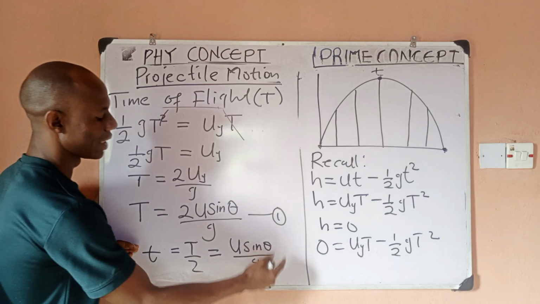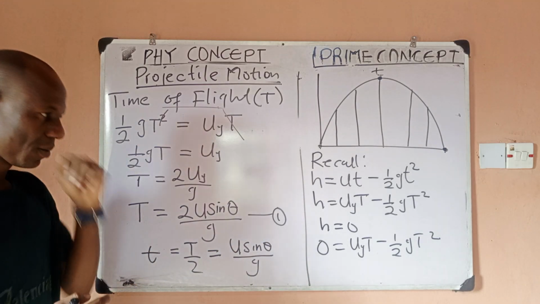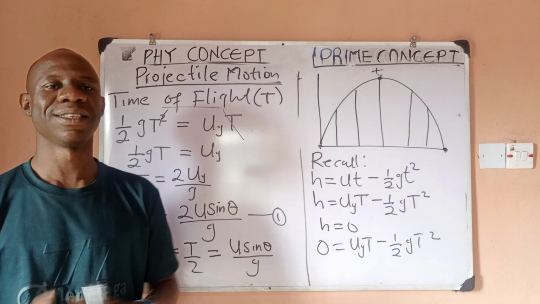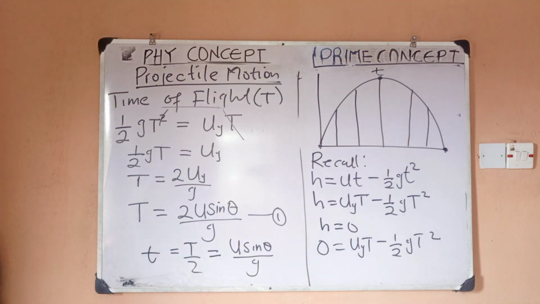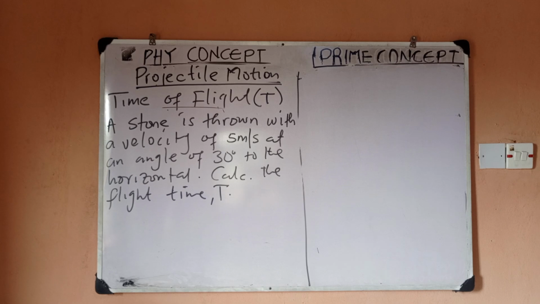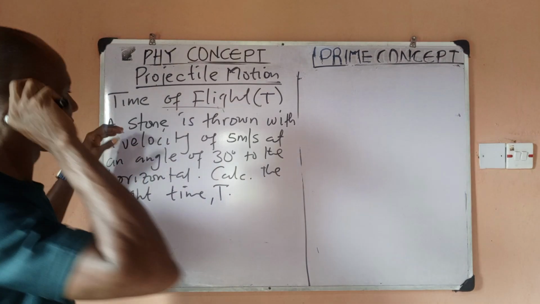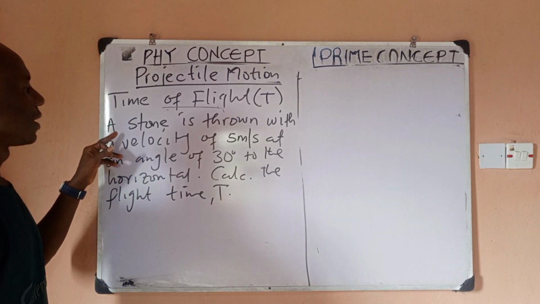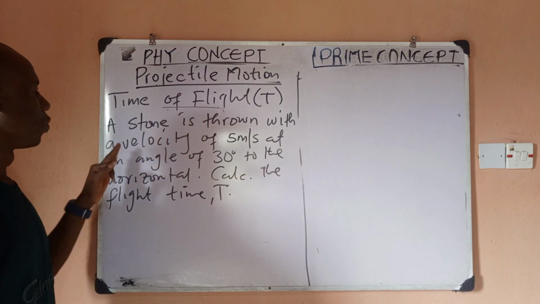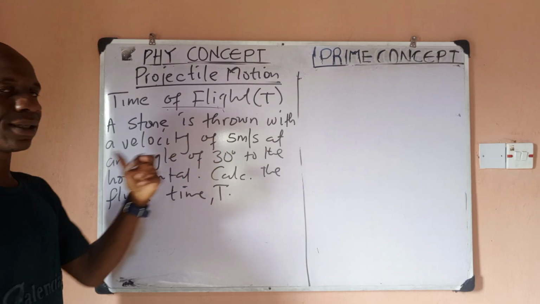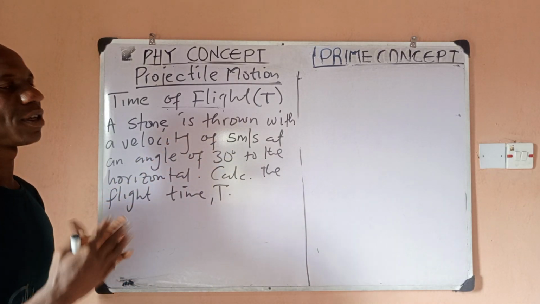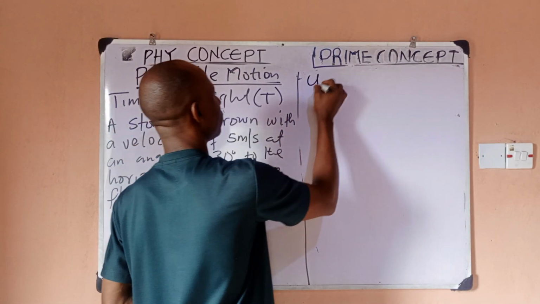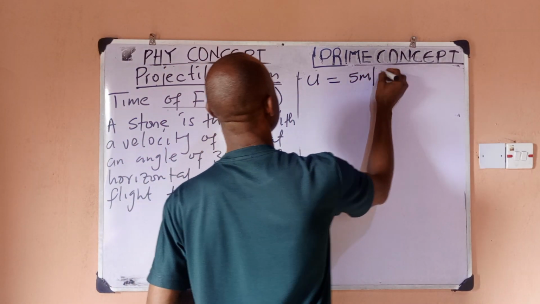So we're going to take one example in this video so that we can understand this concept. Let me drop the question. Alright, so we have this simple question to illustrate what we have learned. The question says, a stone is thrown with an initial velocity, so u is 5 meters per second, at an angle of 30 degrees.